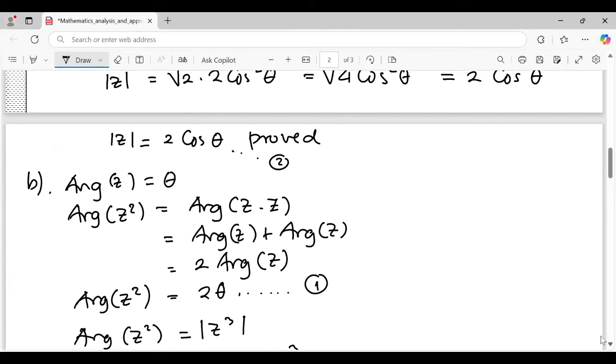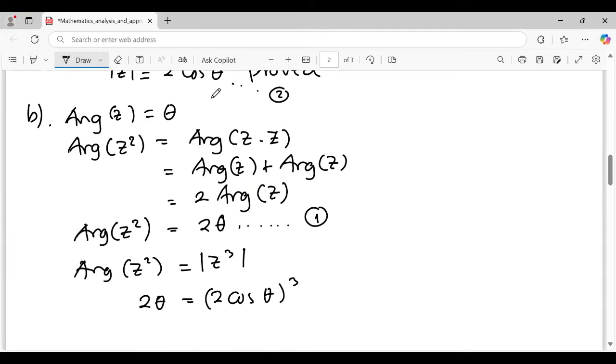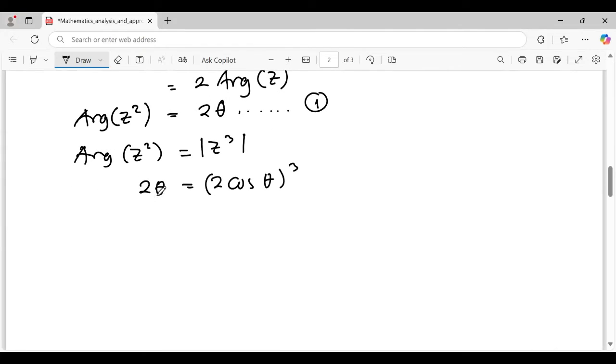Sorry, not equation 2. So equation 2 combined with equation 1 becomes like this, right? It's going to be 2 theta equals 8 cosine cubed theta, divided by 2 becomes theta equals 4 cosine cubed theta.